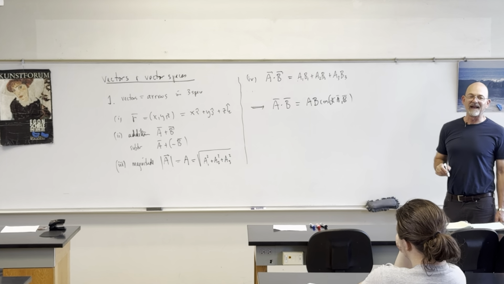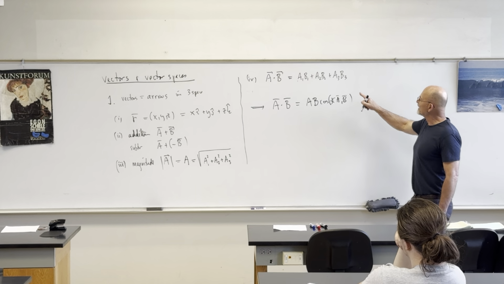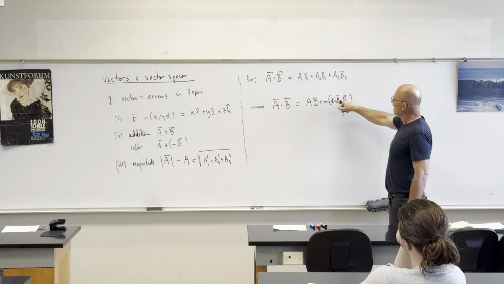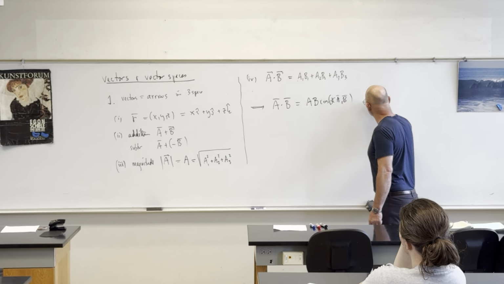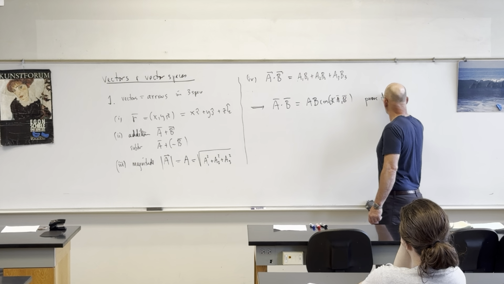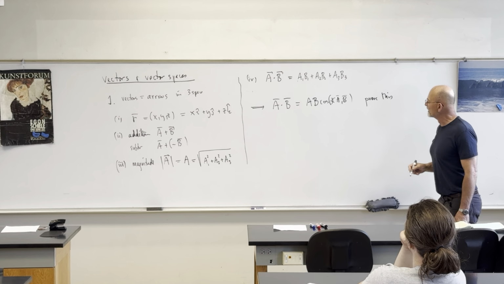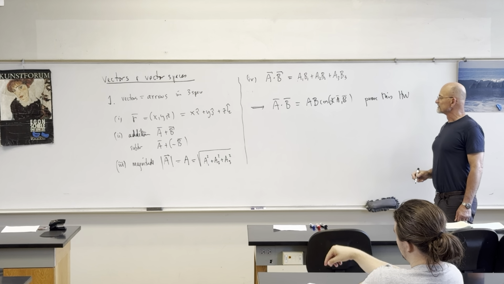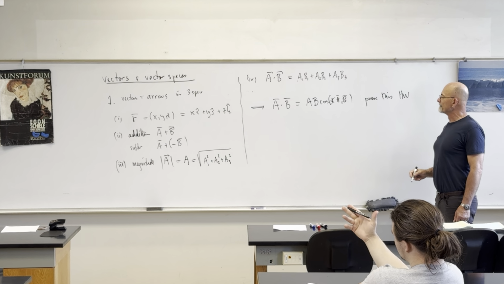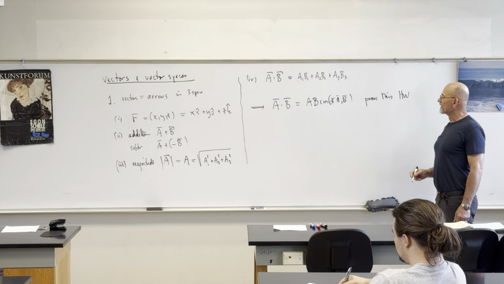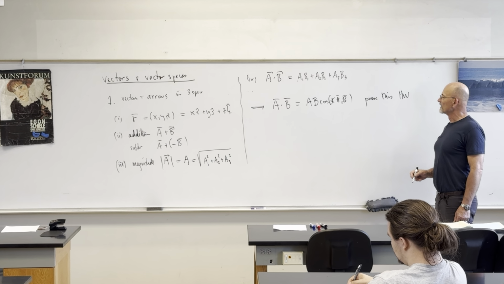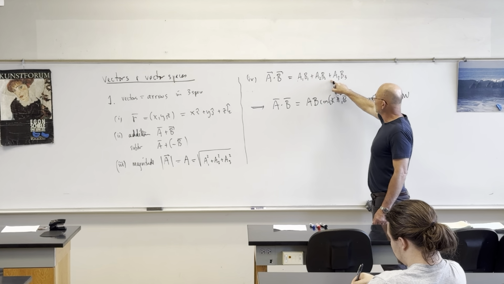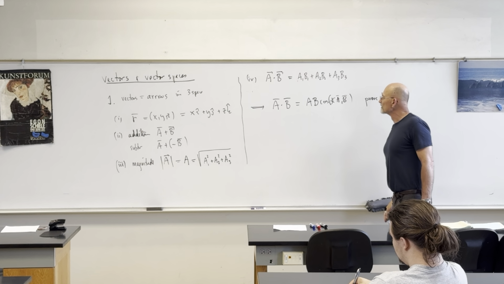So that's actually a good little exercise. Suppose I define it this way, and then I can say, prove this for homework. Prove this, okay? Homework. So given this here, you want to prove this.